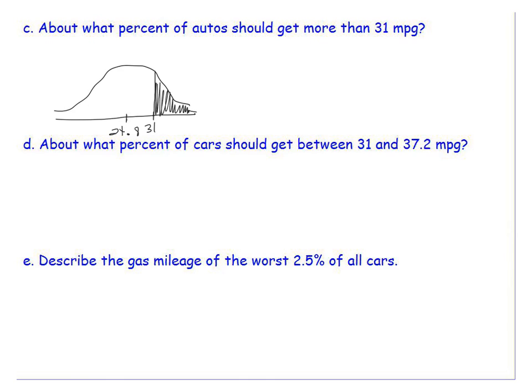Well, here's something very important to know about this normal model. If I technically go on and on and on forever in both directions to the right and to the left, and I count all of the shaded region, I technically have 100%. So when you want to find the area of a shaded region, you need to take the high end of the shaded region minus the low end of the shaded region.